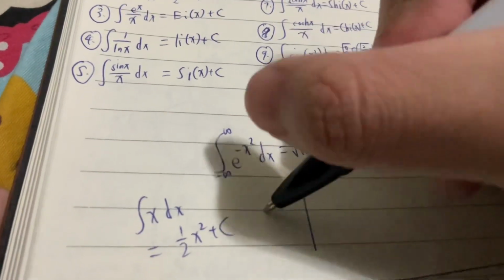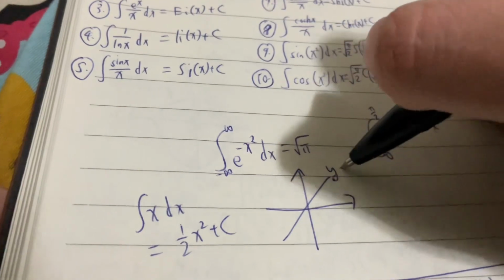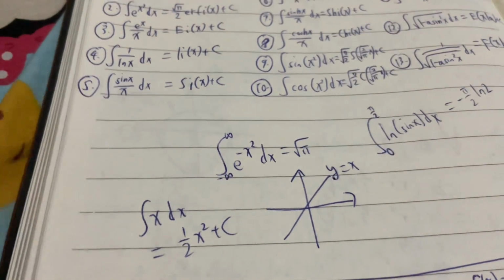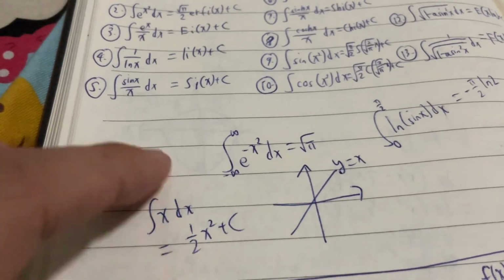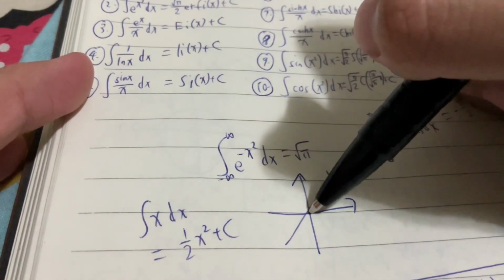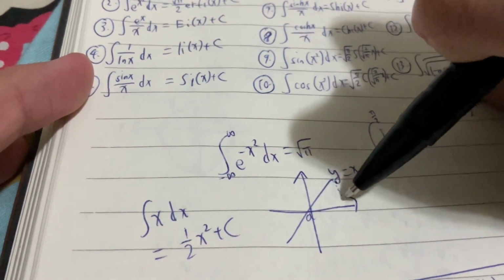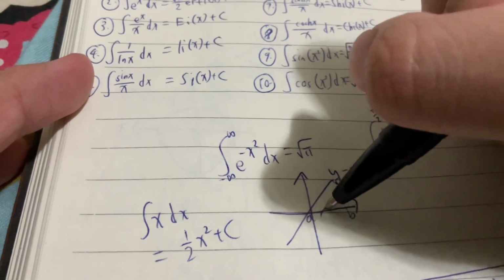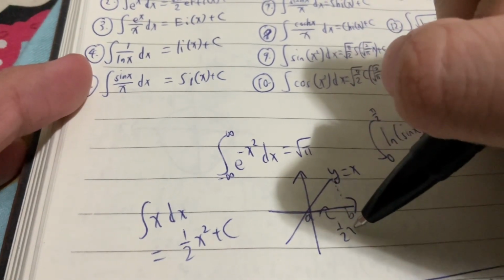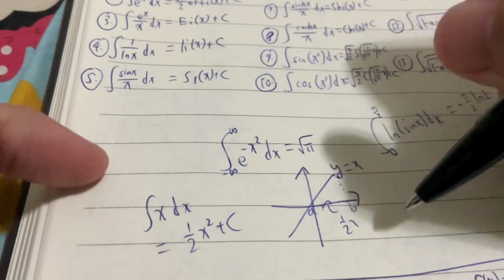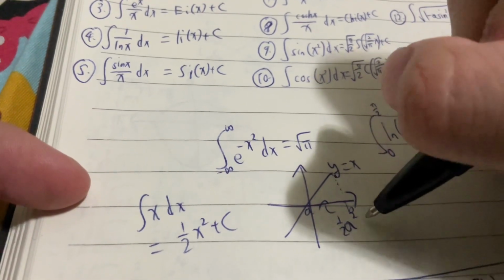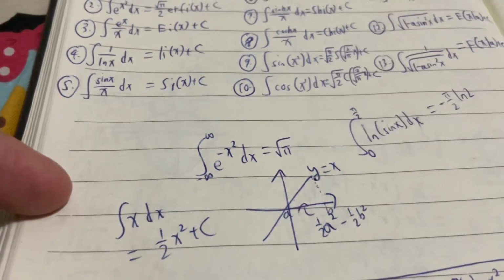Like this. Here is the graph of y equals x. Here is the general formula. The area from A to B, for example, is just equal to 1/2, and then put in the upper limit and lower limit: 1/2 A squared minus 1/2 B squared, right?